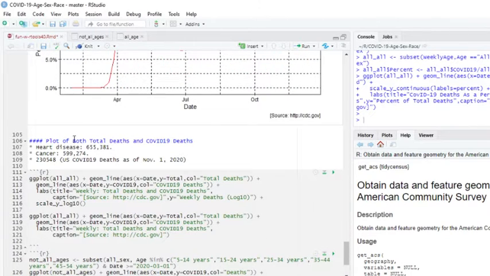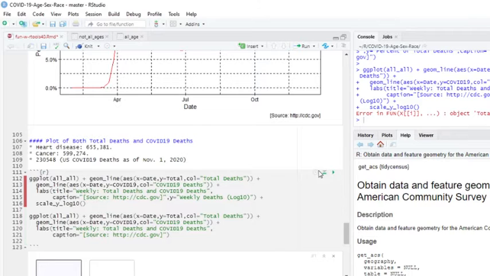Okay, what's this here now? Plot of both total deaths and COVID-19 deaths. So we come back over here.